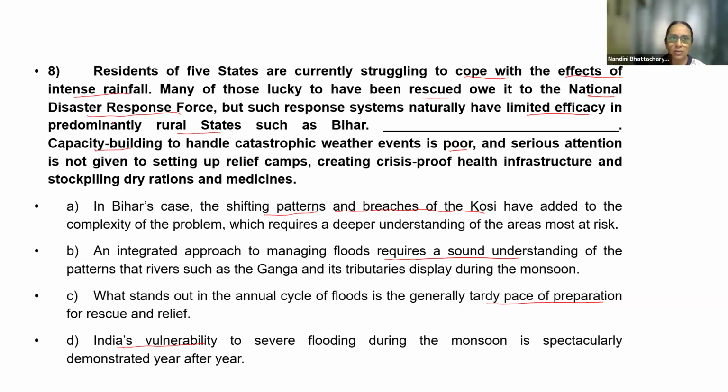The National Disaster Response Force rescued people. Yeah, so the situation of the flood, how a particular organization went into rescuing people.